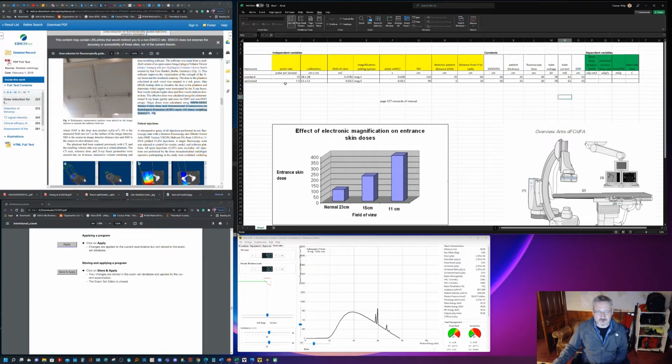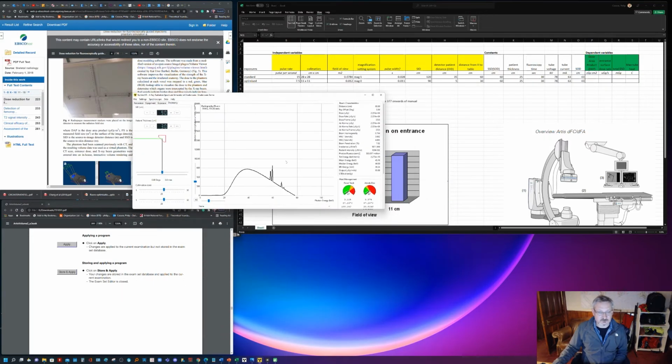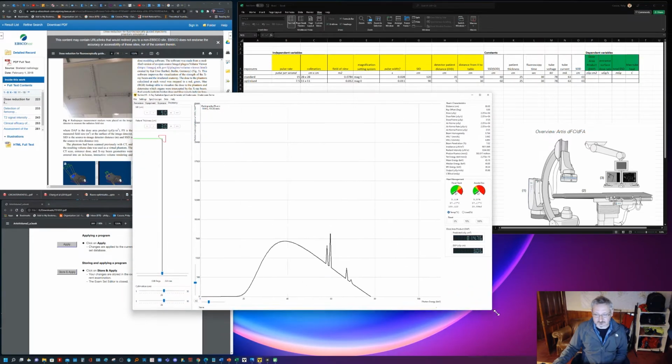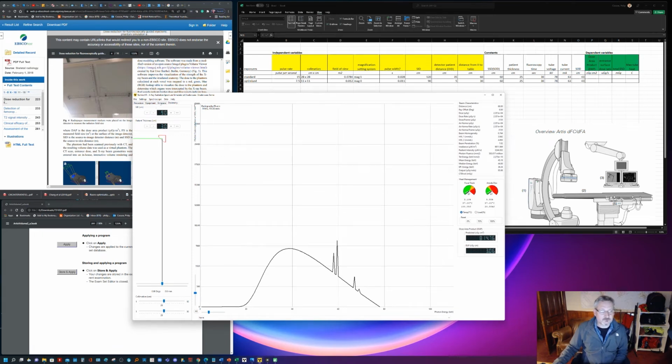So let's plug the first numbers into our simulator. Okay, so let's make the simulator a bit larger on the screen. The first numbers we want to plug in are the source image distance, which is 120 centimeters. Now the distance from II to table is, in this case, 60 centimeters, and this is this number here.